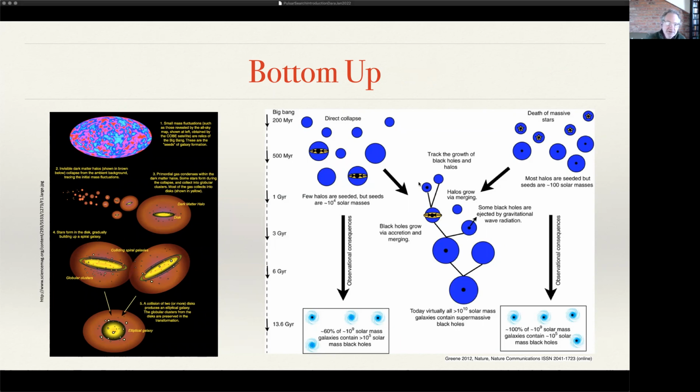And then as those galaxies merged, as we can see here, we get these black holes falling into the bottom of these galaxies and potentially merging together to make even bigger black holes. And so that's how we end up with supermassive black holes.